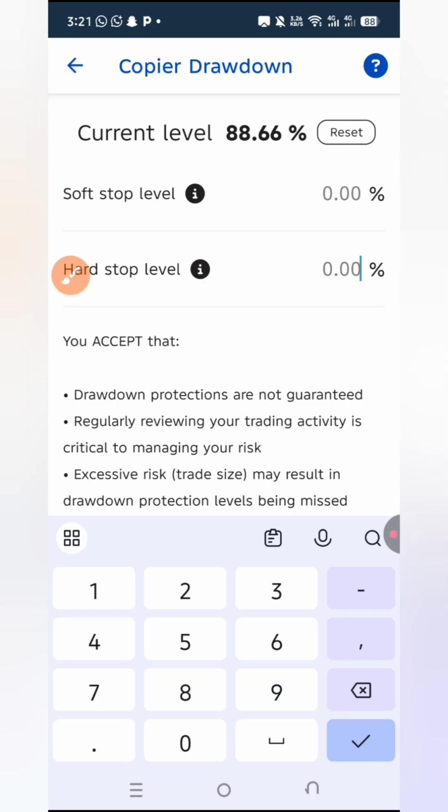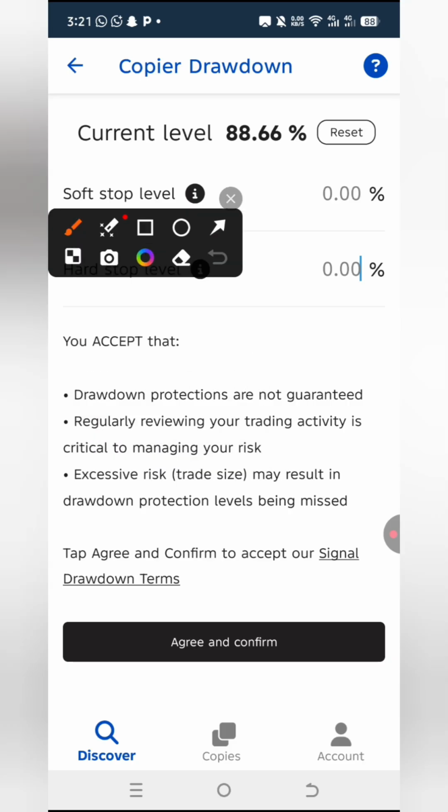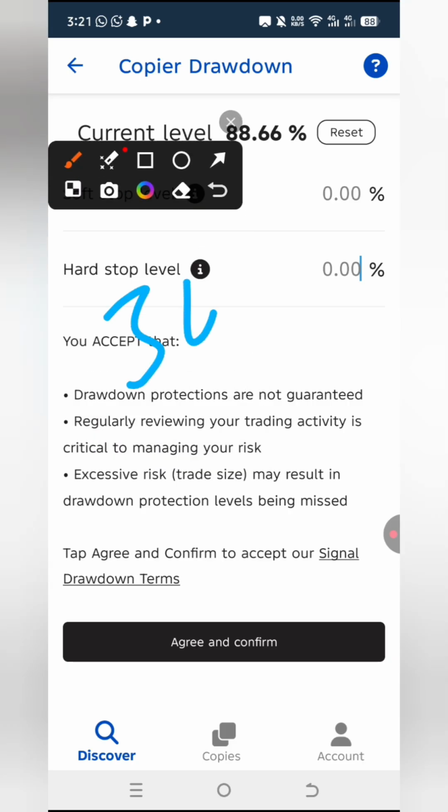Now, the hard depends on what you're doing. You can put in 30% if you're trading 0.25. With that, you're free. Before it gets to 30%, that means something terrible must have happened. You understand?